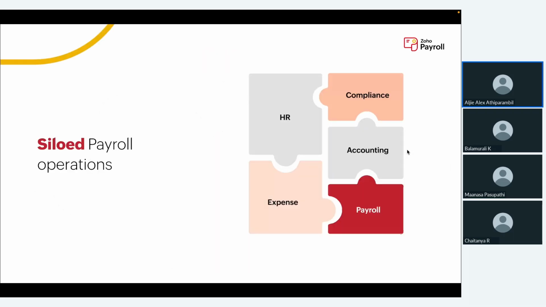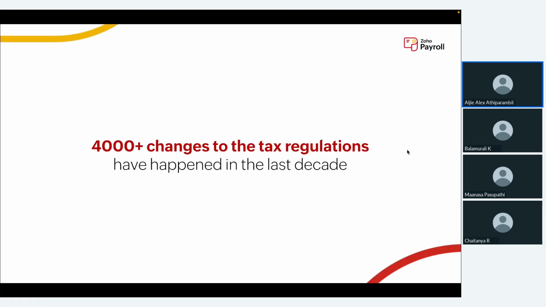Payroll doesn't live in isolation. It sits right at the intersection of HR and finance. When payroll is siloed, you don't just lose efficiency, you increase the compliance risks. To put this into perspective, here's a number that surprises most people: in the last decade alone, there have been over 4,000 changes in tax regulations.